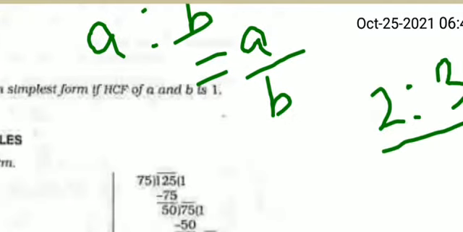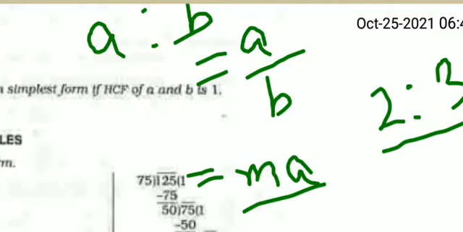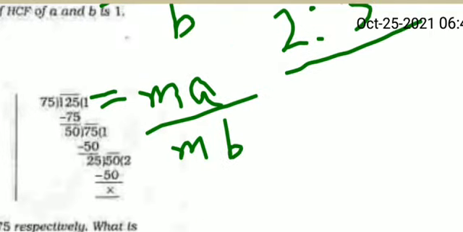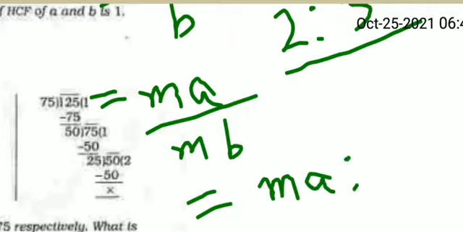If we multiply the same non-zero number, suppose m, with a and with b, then a is to b or a by b, whatever you call it, is equal to ma by mb, that means ma is to mb.